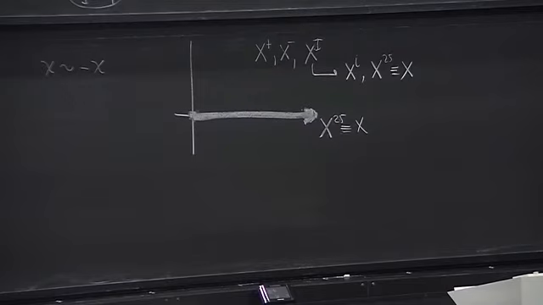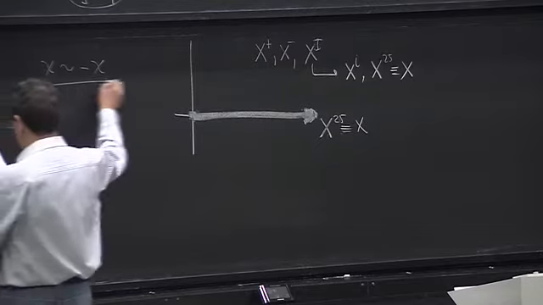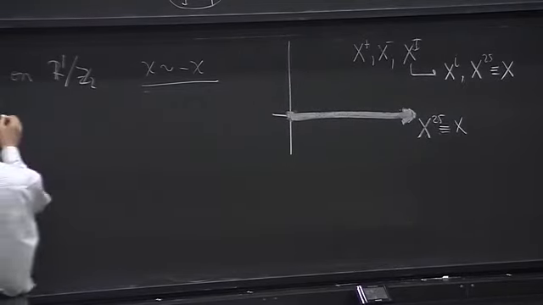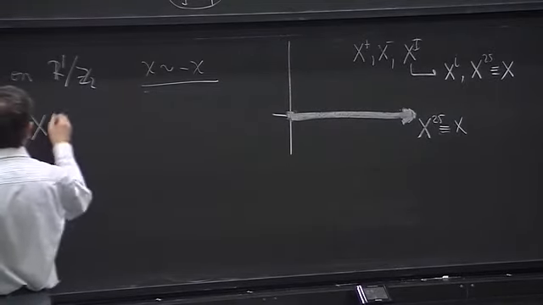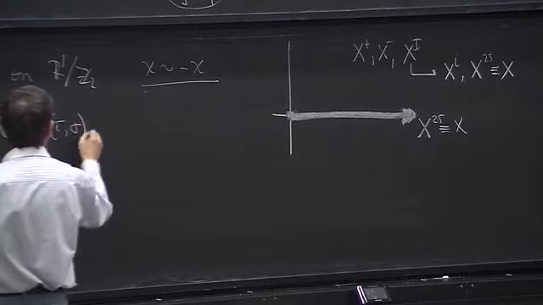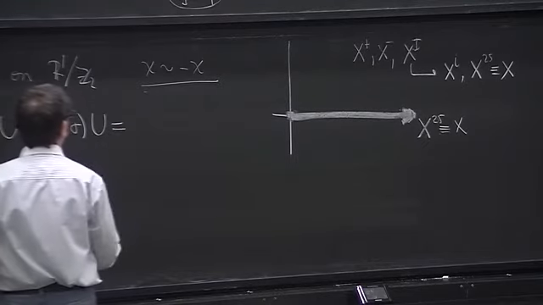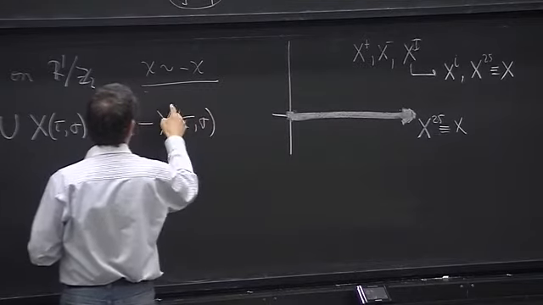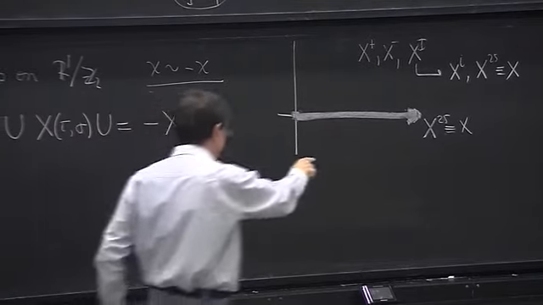In string theory, we proceed in the following way. We construct an operator that produces this transformation. So this operator is going to be called U. And U is going to take x of tau and sigma and give you minus x of tau and sigma, for x being x25.